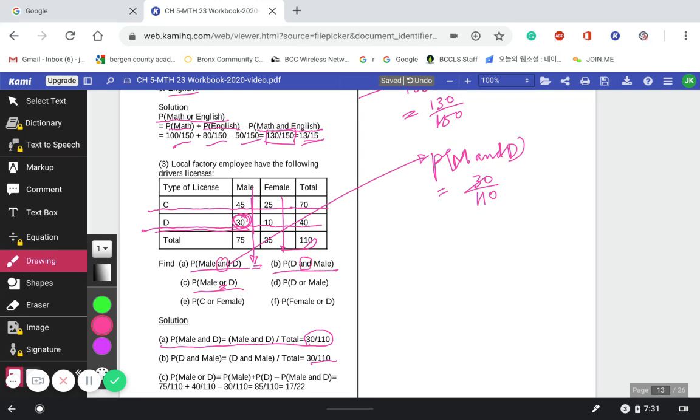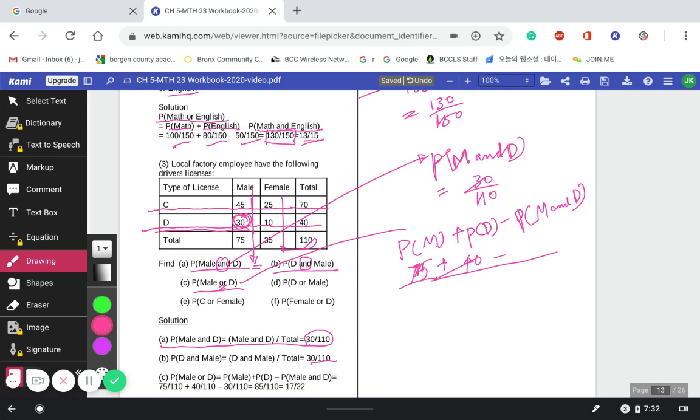So male or D obviously has a common part between male and D. So the way you do it is you find the probability of male plus the probability of D, and then you take away the probability of male and D. So the probability of male is 75 out of 110, and the ones who got a D license is 40 out of 110, minus male and D, which is 30 out of 110.